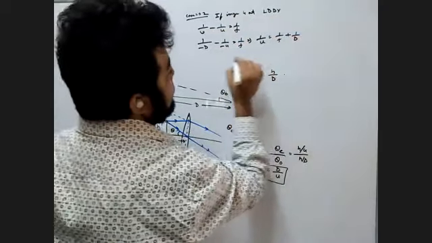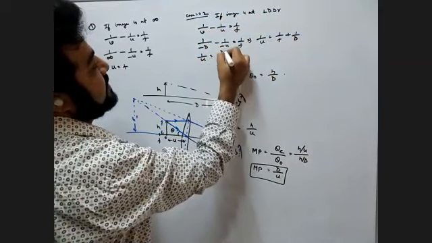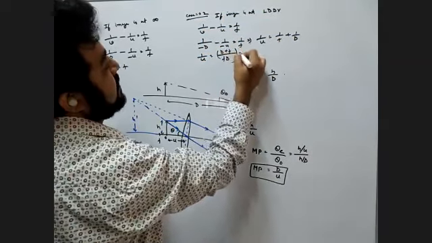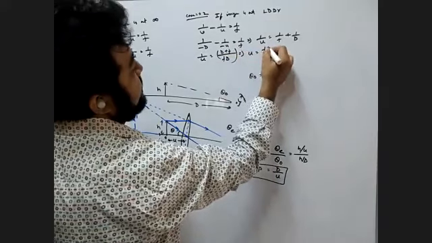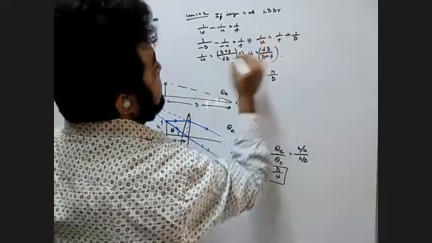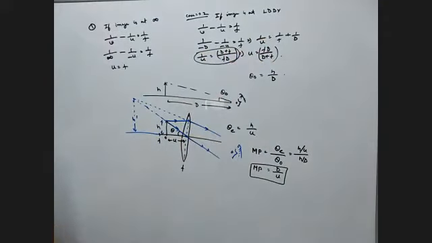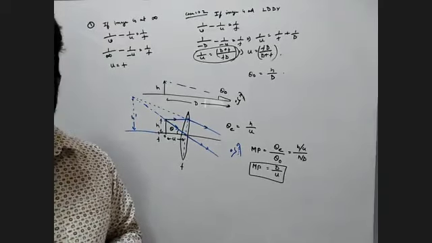So 1 by u is d plus f over f d, u is f d by d plus f, and sometimes you can use this one also. Okay, everyone? Yes or no? Hello. Yes, sir.